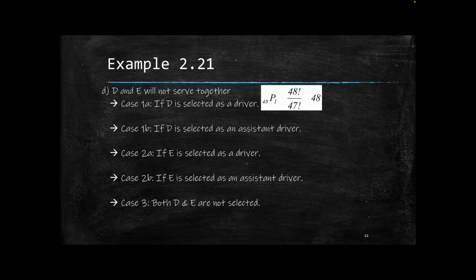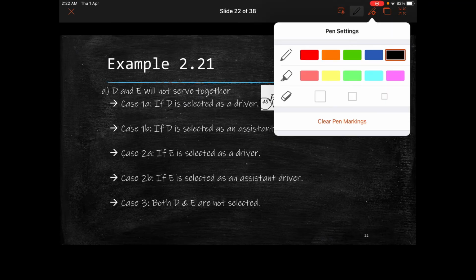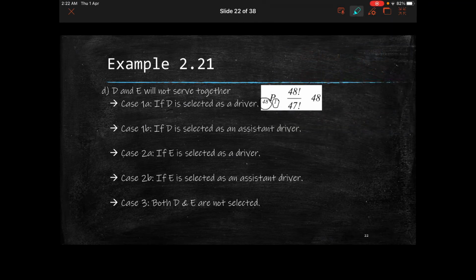So kita tolak D dan kita tolak E. So in this case, we have N equals to 48, sebab D dah confirm jadi driver, so kita tinggal cari assistant driver. Therefore R equals to 1. Then kita dapat 48 ways. Okay, 48 kebarangkalian lah.